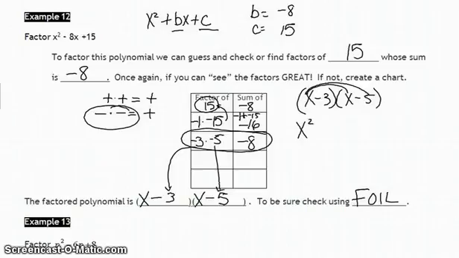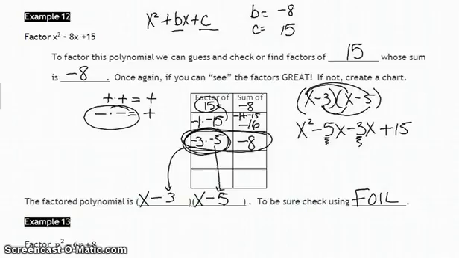Outside, x times negative 5. Inside, and last. Notice the two factors here are the same set we found when we were looking at our factors. So we really are doing FOIL in reverse, going backwards.